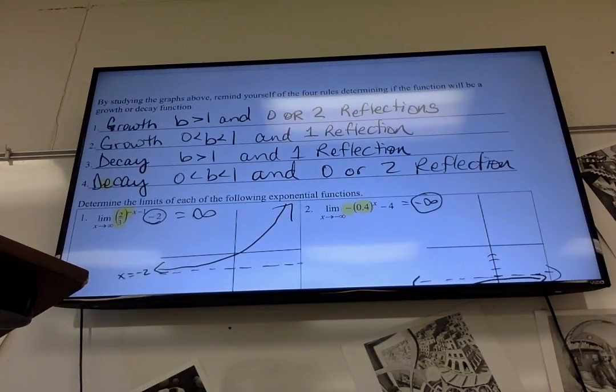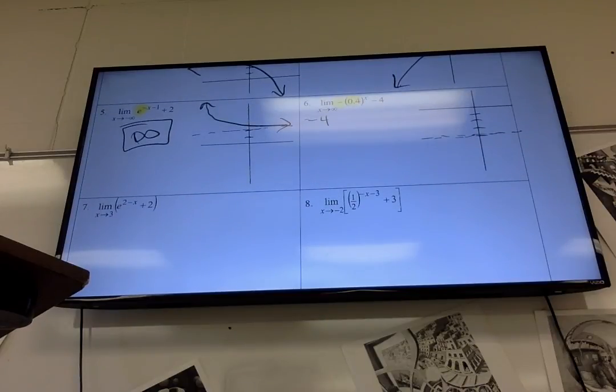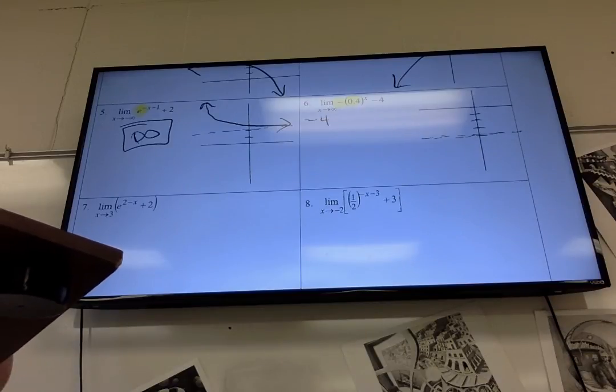So which one is it? Growth. So between 0 and 1 and 1 reflection, it's going to be growth, so it's going to be going from low to high. But there's a negative in front, so it's got to be below the asymptote, so it should look like this. And you're right. As it approaches infinity, it's getting closer and closer to -4.